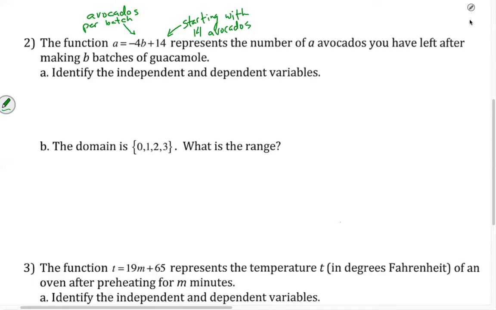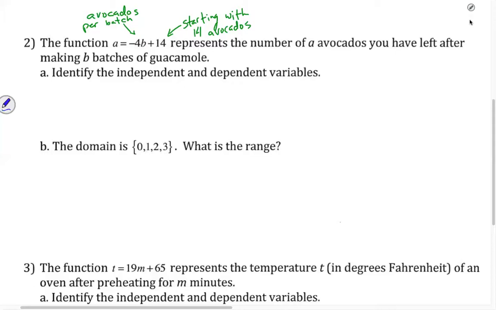So here we go. Identify the independent and dependent variables. Nate, what matters? Does the number of avocados I have or the number of batches I have? Number of avocados is going to matter, but I think the batches matter. Very good.